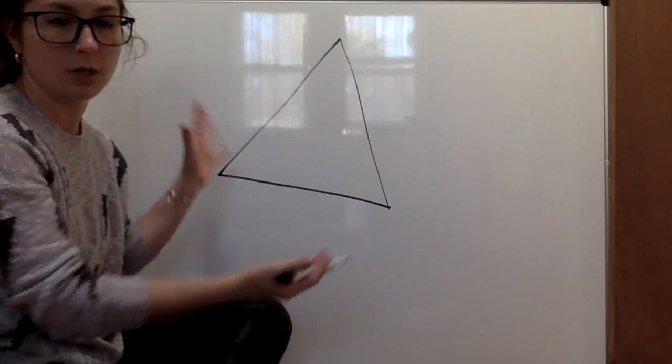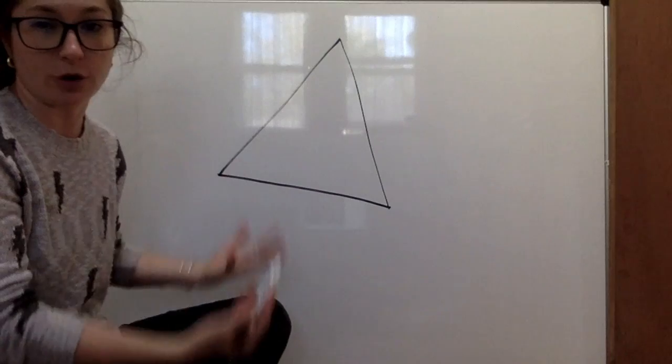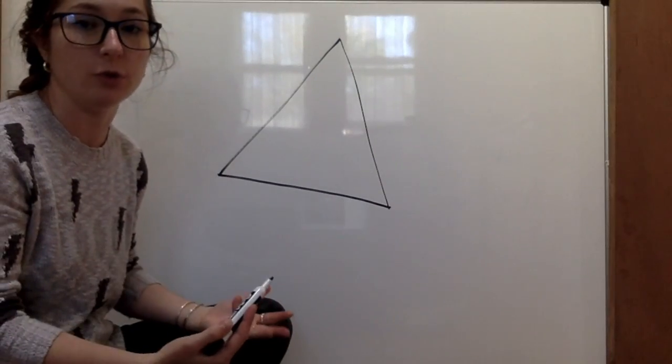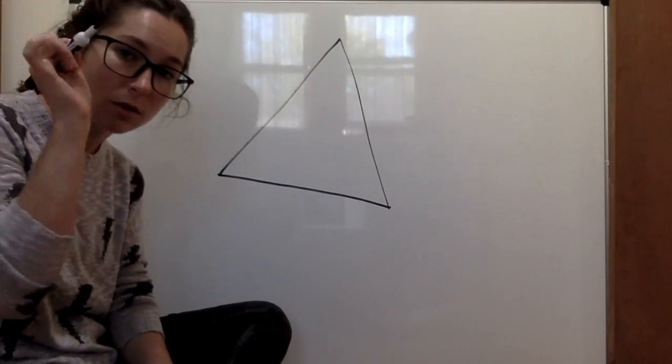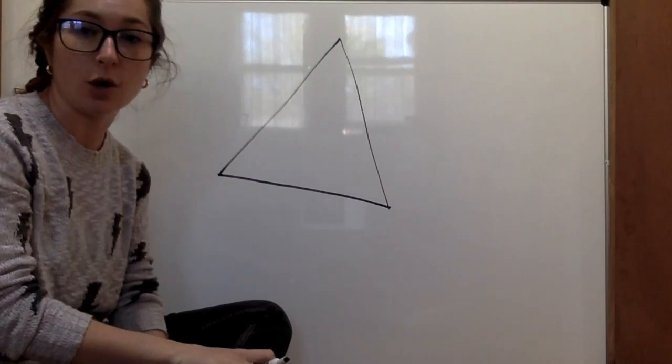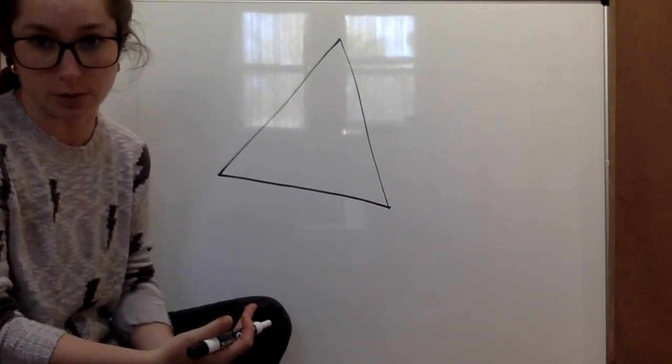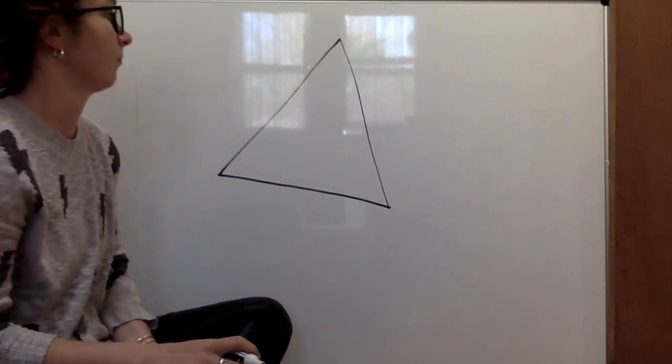So this is a triangle. It's not a right triangle. I didn't draw it to look like a right triangle, but also if your triangle doesn't have a little square in the corner of one of the angles, you cannot assume it's a right triangle, even if it looks like it might be.